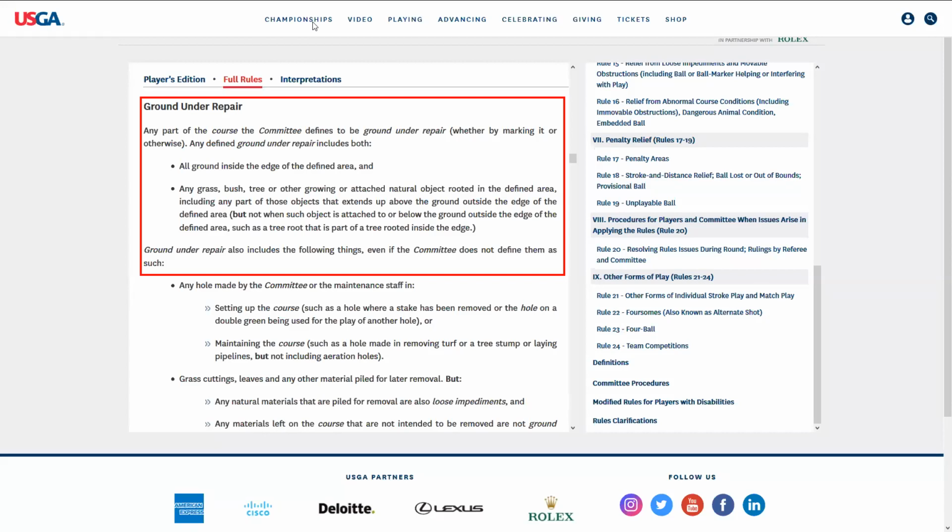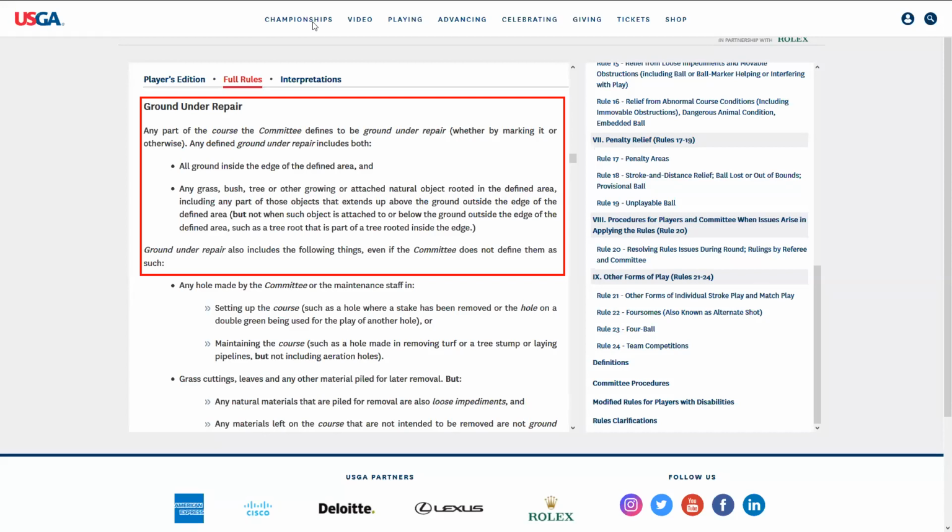This is going to be important when the question is, do you have interference for your swing? Remember, the grass in the growing thing does not have to be physically above the ground under repair. It has to be growing in there, and then it can be hanging outside. Notice the tree root.